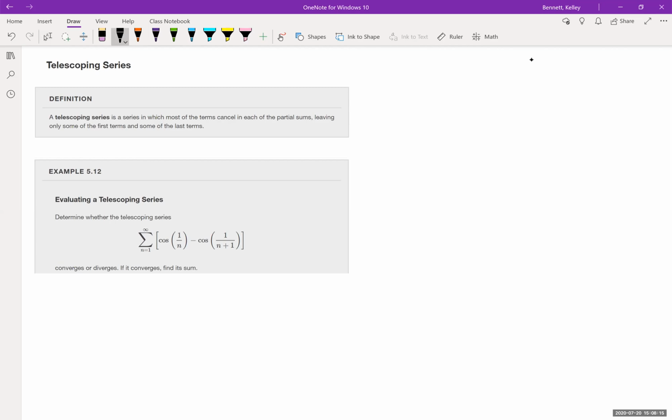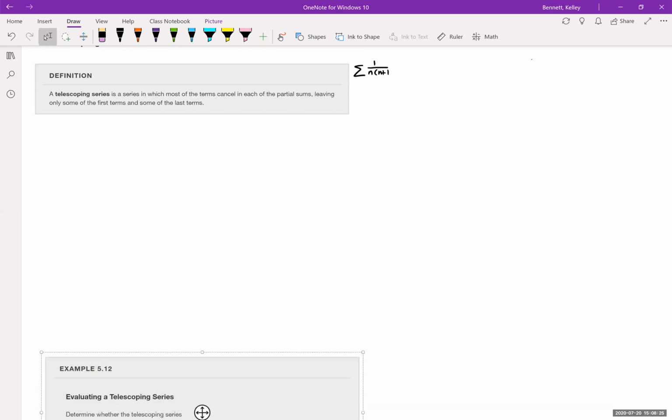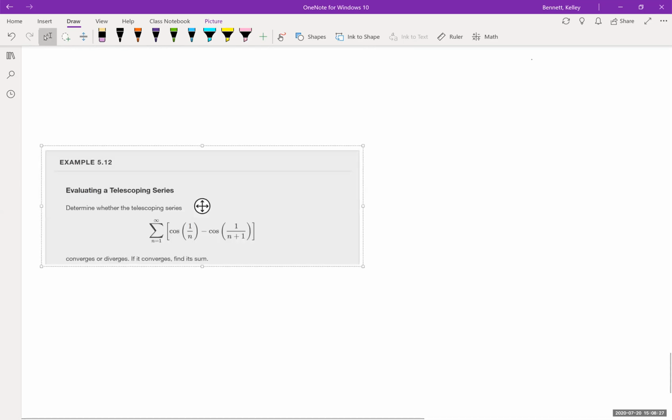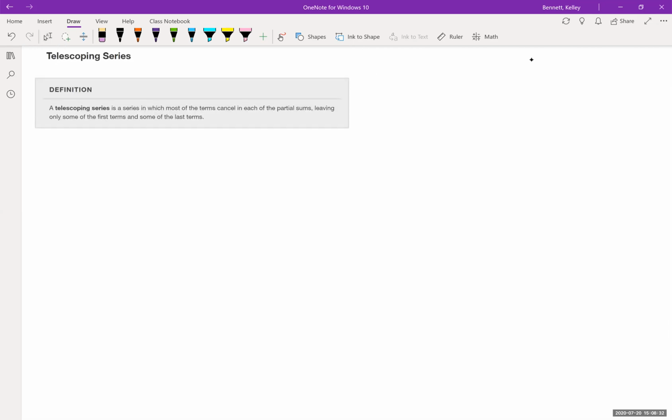For example, when we had the summation of 1 over n times n plus 1, let's really go full out. You guys just finished your partial fraction decomposition, so this should be a breeze for you.